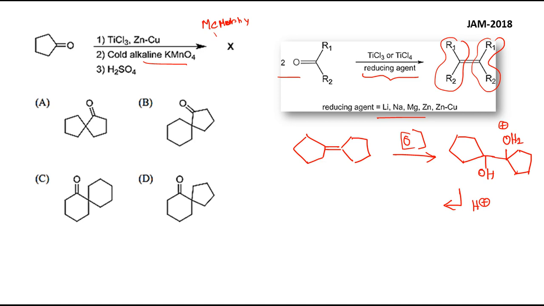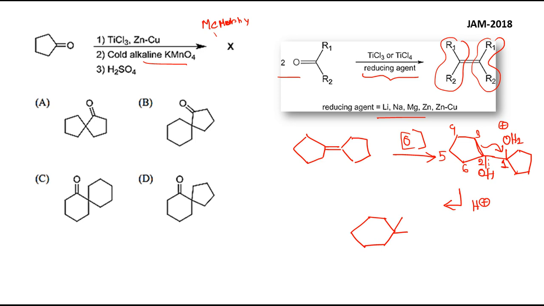And finally this OH2 plus bond will be broken, there will be a carbocation at this position, and this C-C bond will be migrating. So if I am numbering, it is 1, 2, 3, 4, 5, 6. Now a 3-1 bond will be formed, and there will be a 5-membered ring.